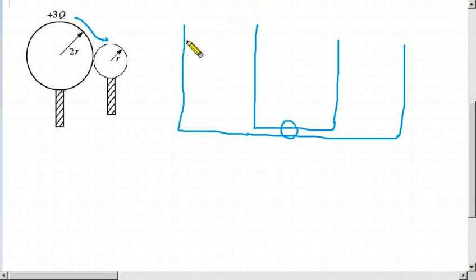Suppose the first tank has water full, and the second tank has no water, it is empty. So what happens if you open this valve? Then water flows from the first one to the second one and fills the second one also.